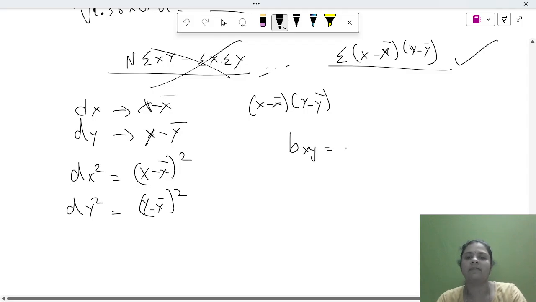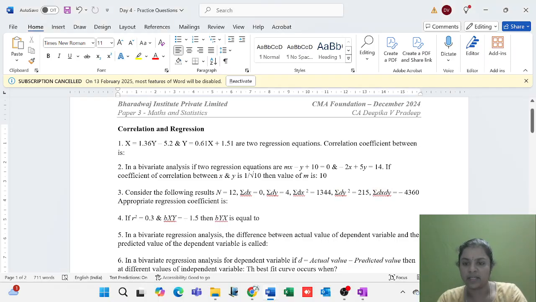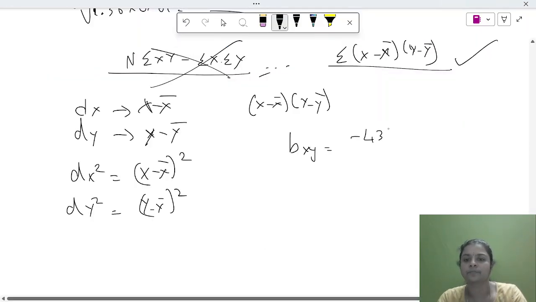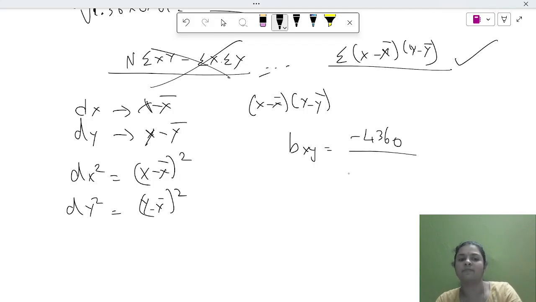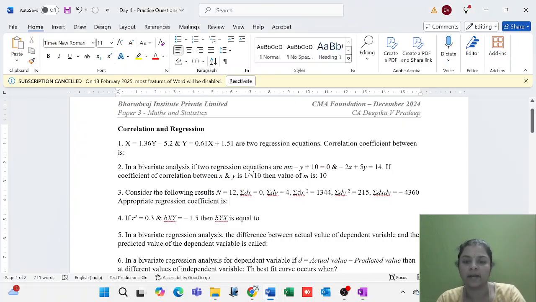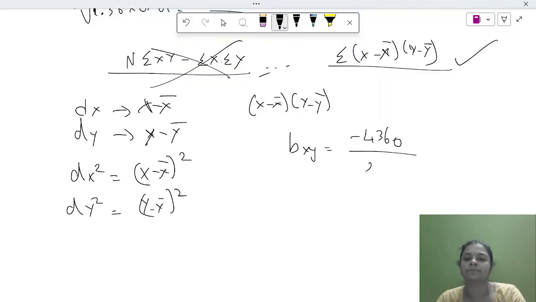No, bxy will be minus 4360 divided by, not root, y minus y bar the whole square will come, which is 215.